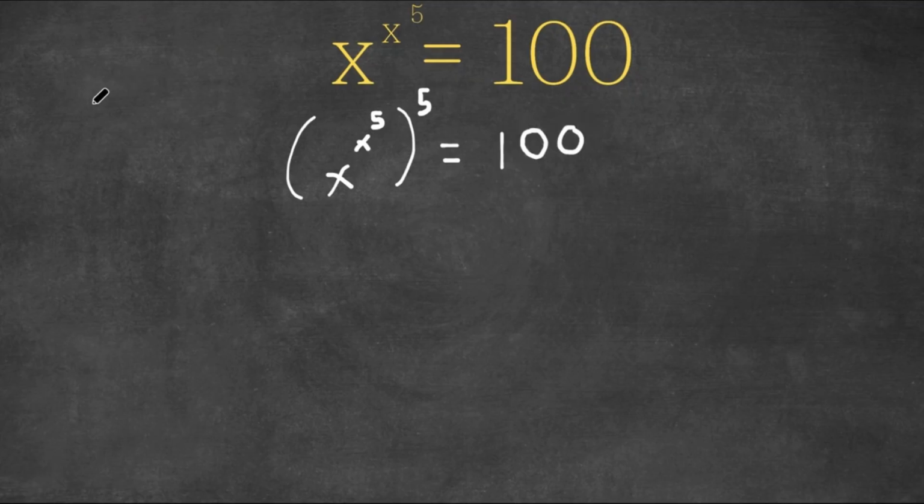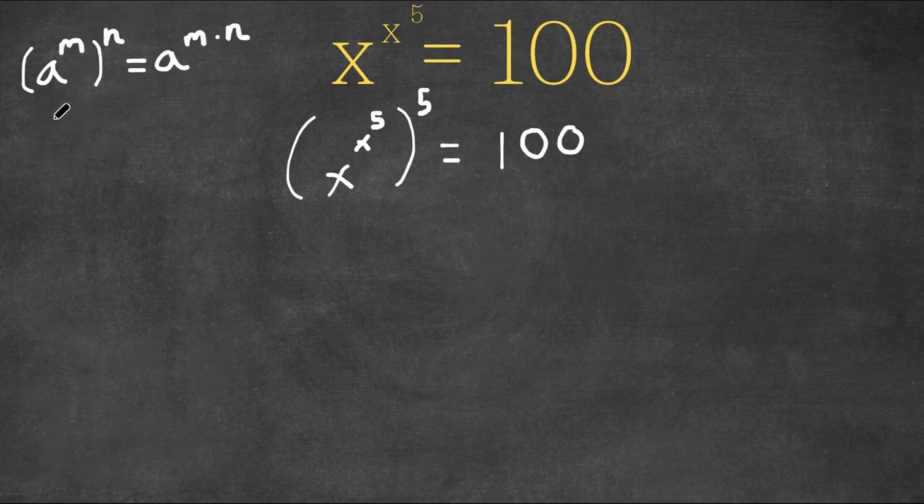Now, if we have something in the form a to the power of m to the power of n, this is equal to a to the power of m times n, right? However, for multiplication, order doesn't matter, meaning we could actually switch the places of these two, meaning this would also equal a to the power of n to the power of m.